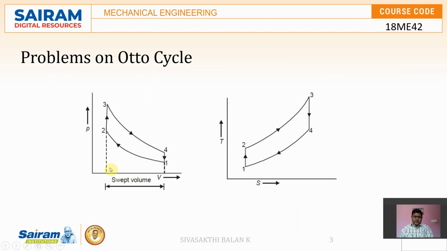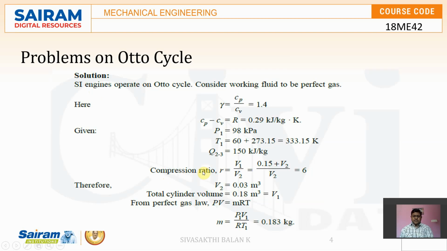The swept volume is the volume between 1 and 2, and the clearance volume is V2. The swept volume is given as 0.15 meter cube, and the clearance volume V2 we do not know. So (0.15 plus V2) divided by V2 is equal to 6. From this relation we get V2 as 0.03 meter cube, and the total cylinder volume is 0.18 meter cube.